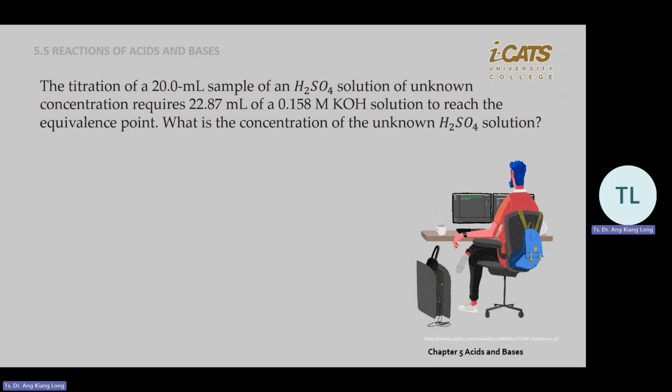So X mole of KOH will equal 0.158 mole per liter multiplied by the volume, in liter also. So this one is 0.02287. You shift 3 decimals to the front, become liter. You multiply, you get how many mole already?